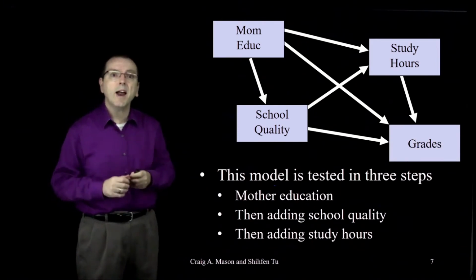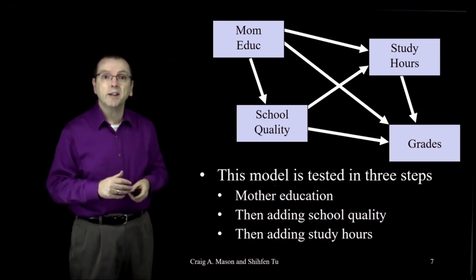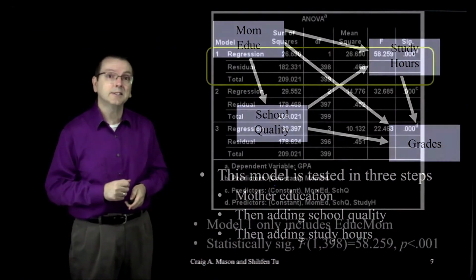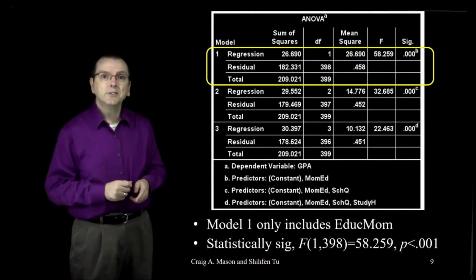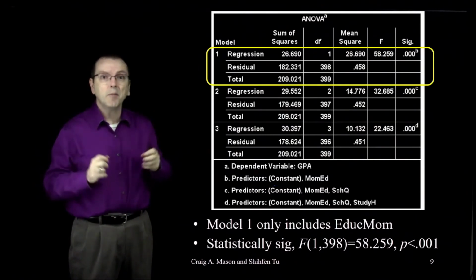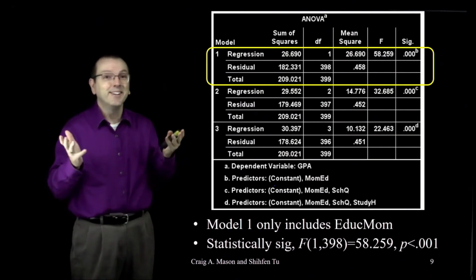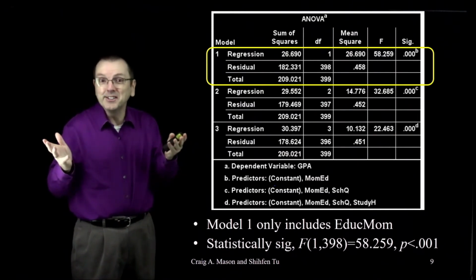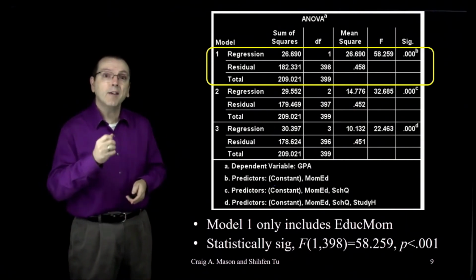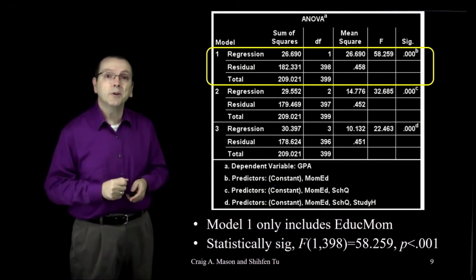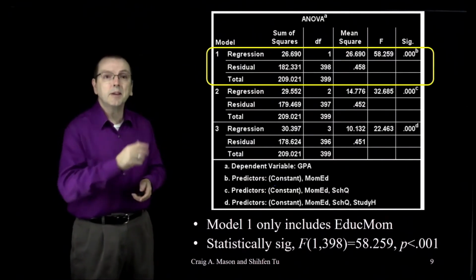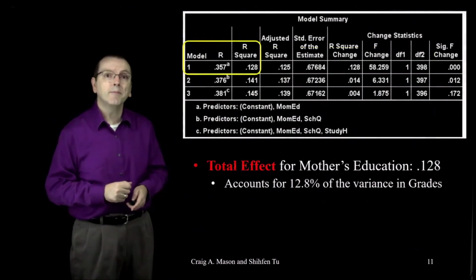Let's begin our analysis with model 1, in which case all we have is mother's education in the analysis. Okay, so here's our ANOVA table. We see that the team of variables that's made up of, well, mom's education all on its own at this point, is statistically significant with an F with 1 and 398 degrees of freedom equal to 58.259 and a p less than 0.001.